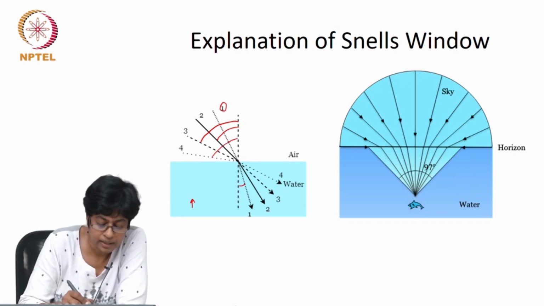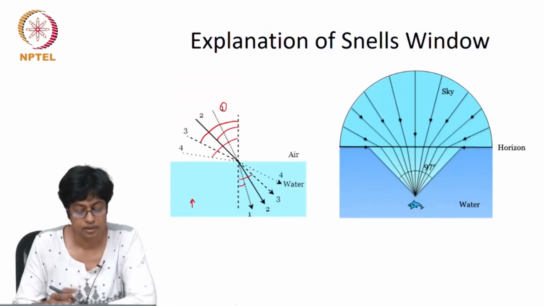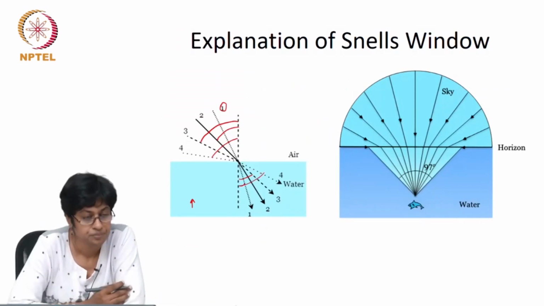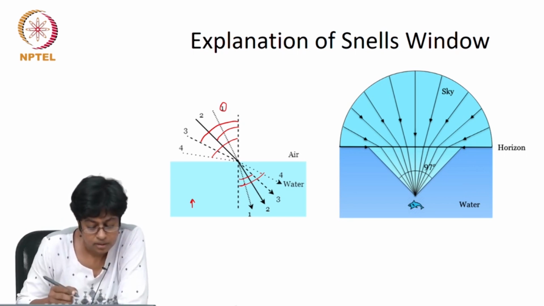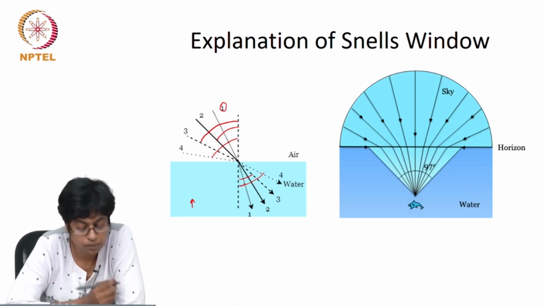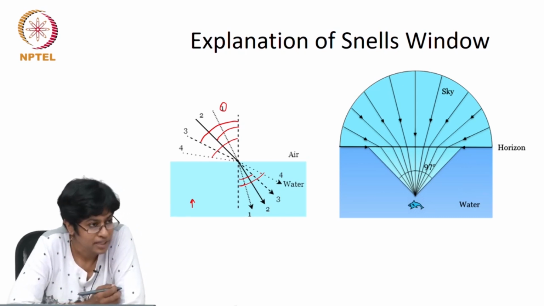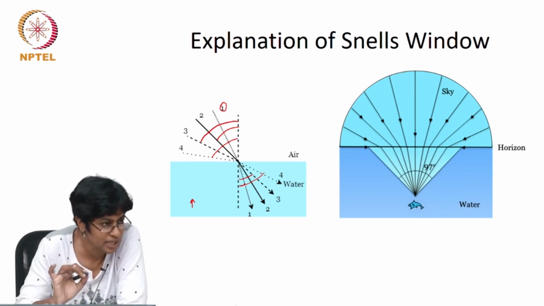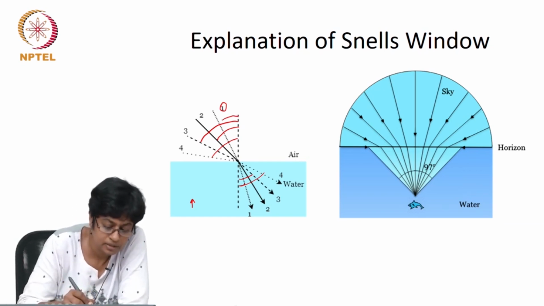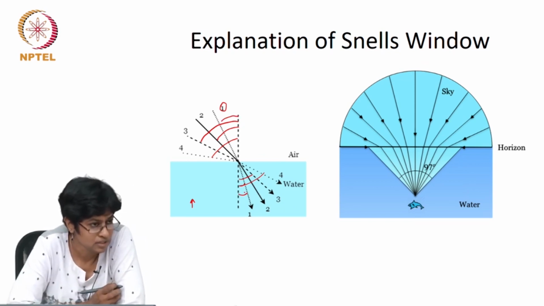If you have a larger angle here, you also have a corresponding larger angle over here. What is of interest to us is why we have that dark circle. So this is just to remind you of Snell's law: as you have a certain angle over here, you're going to have a smaller angle over here.